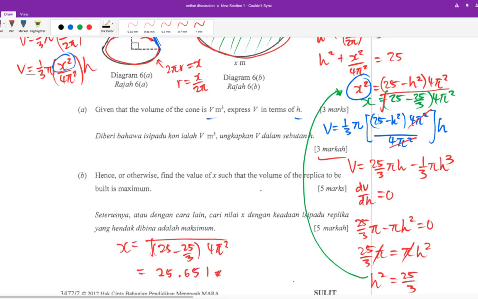Is my answer correct? I hope my answer is correct. This is question number 6, because I have the marking scheme with me, so I can always check my answer is correct or not. 25.65, yeah, which is correct, yes.